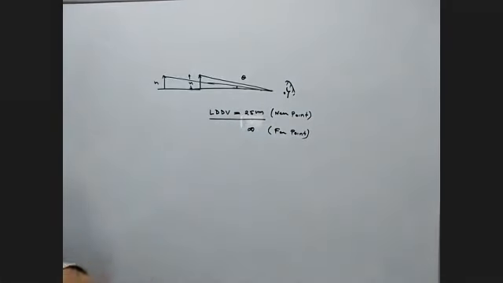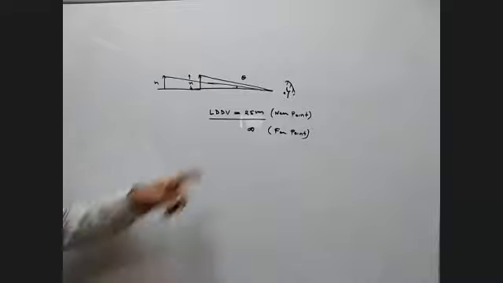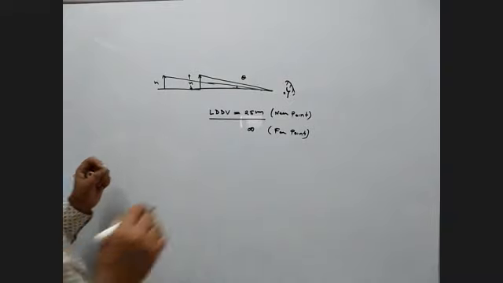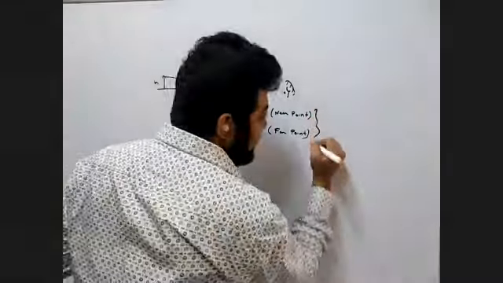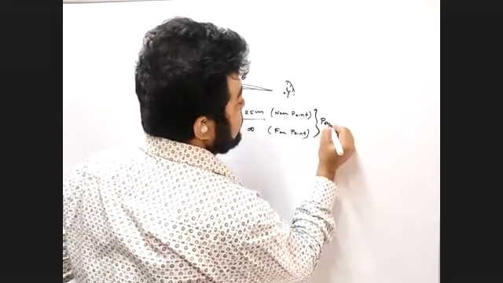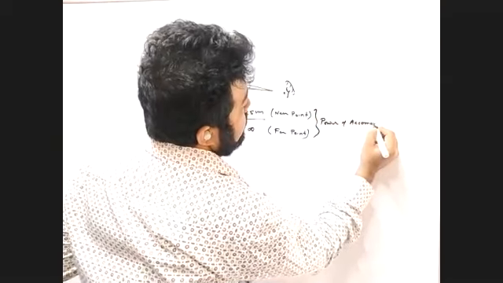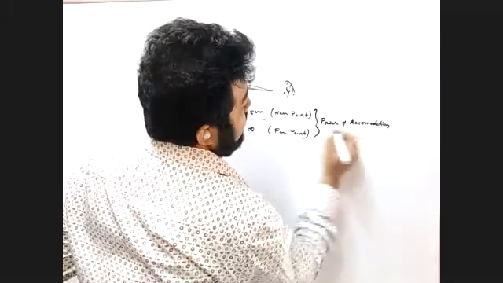So our eye is accommodated in such a way that we can see an object from 25 centimeter to infinity. Means we can see an object at 25 centimeter, we can see the stars also, which is at infinity or very large distance. Now, this ability of the human eye is called power of accommodation.